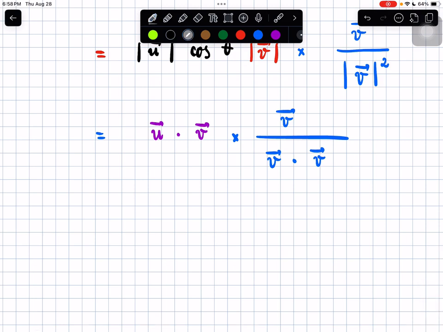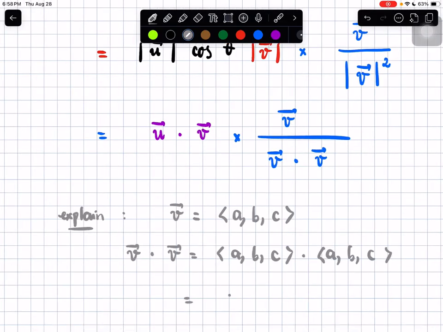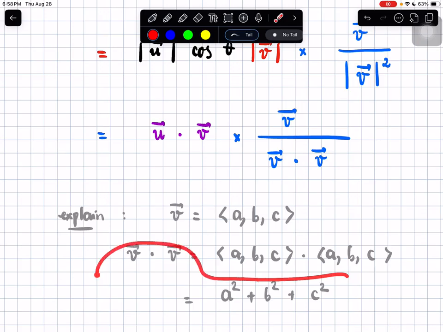So, for example, let me explain it a bit. Assume that in three-dimensional space, vector v is (A, B, C), and then you do vector v dot vector v. So this is A squared plus B squared plus C squared.